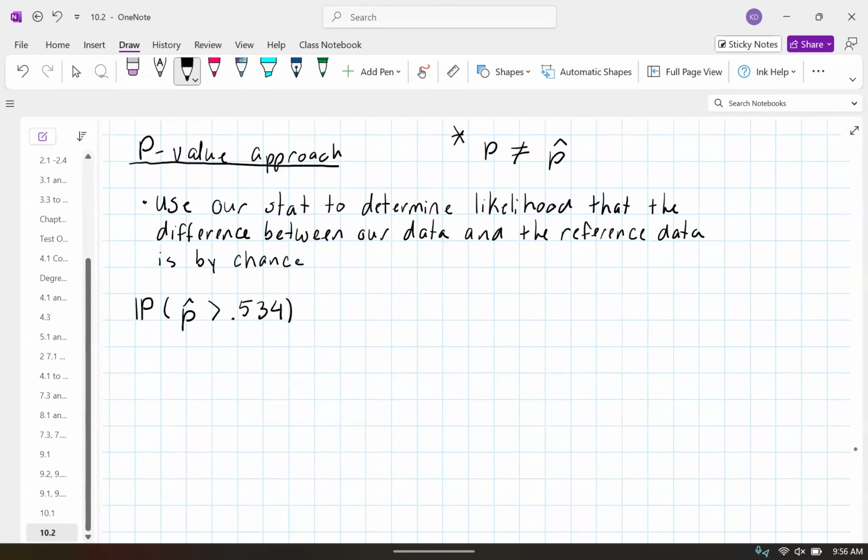Okay, so building on the previous example, we found our p-hat was 0.534. Fancy P just means probability, so it's a bolded P. So we want the probability that this is due to chance. Really tired of drawing these today.